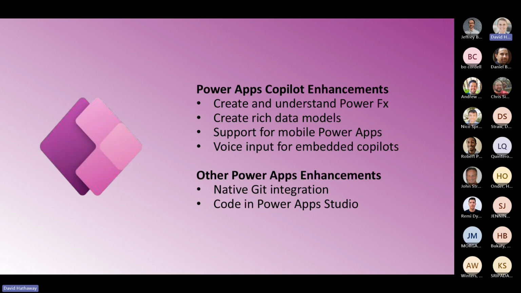And then for code in Power Apps Studio, you're going to be able to view the full YAML source code for a Power App, and you can copy and paste that over into whatever IDE you want. You can obviously commit that over to your source code repository and track all the changes, and it also works in reverse.